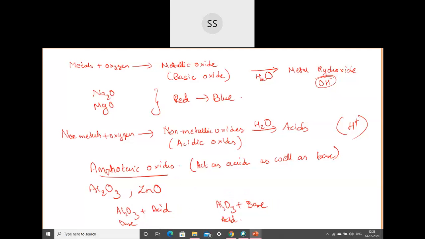Yes, students, so this much would be enough for you for classification of elements. Do you have anything to ask? Let me know, or else I will continue with the next.